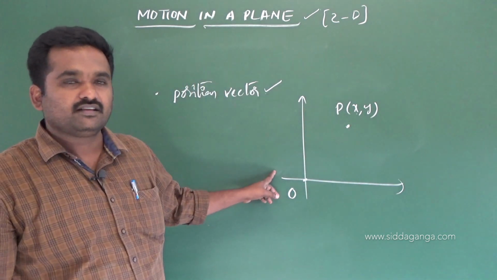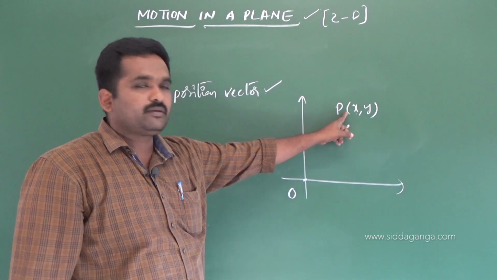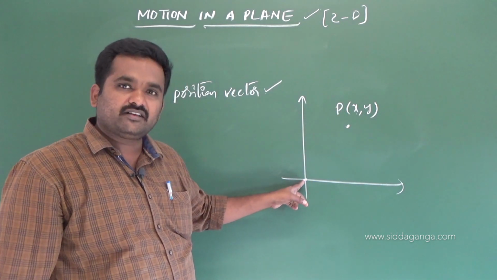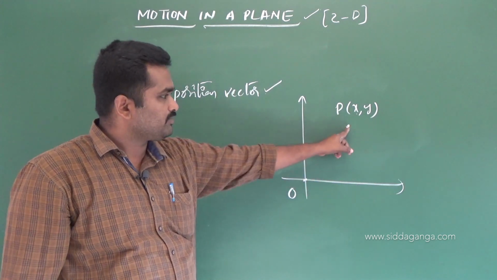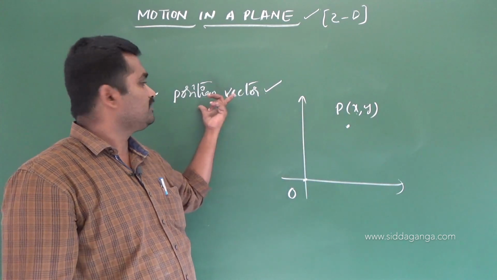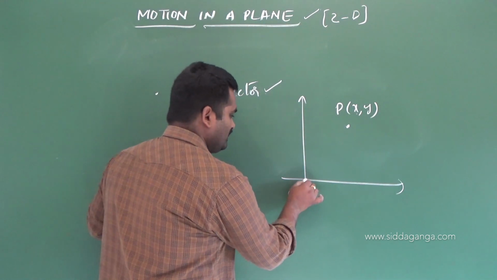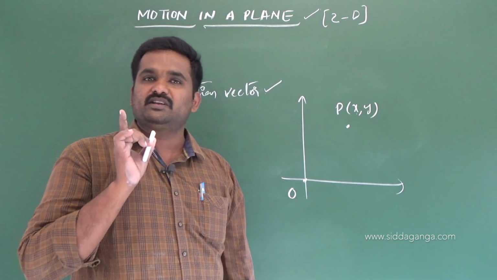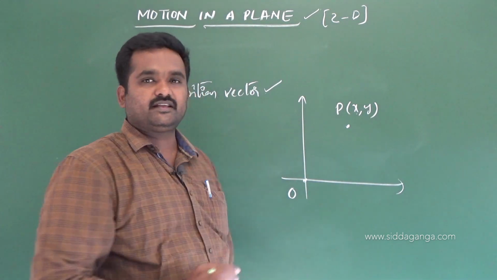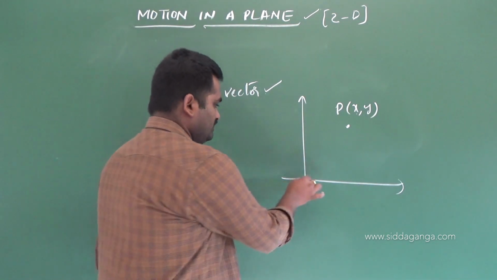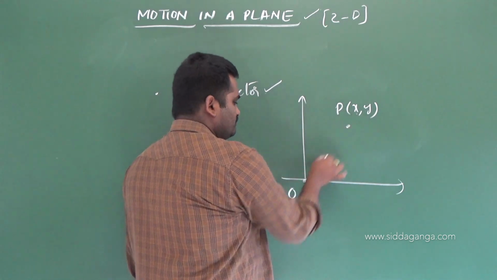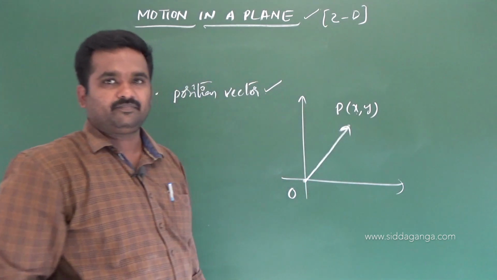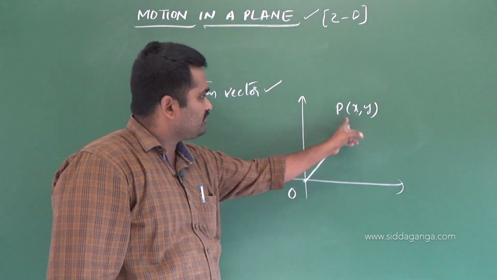The position vector of this point P(x, y) is a vector which starts from the origin and is directed to that particular point for which you need to find the position vector. With respect to the origin, all the position vectors are going to be defined in this plane. Keep this point in mind. From the origin to where the point is present here, you just draw a vector represented like this. This is the position vector of this particle.